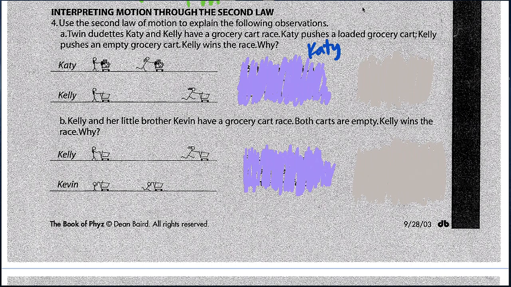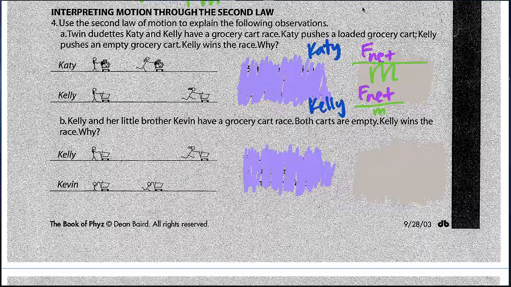We said that they both had the same force, so equal forces, equal muscles. And then we see that Katie has lots of mass, really big mass, and Kelly has just a small mass, nothing basically in the cart.